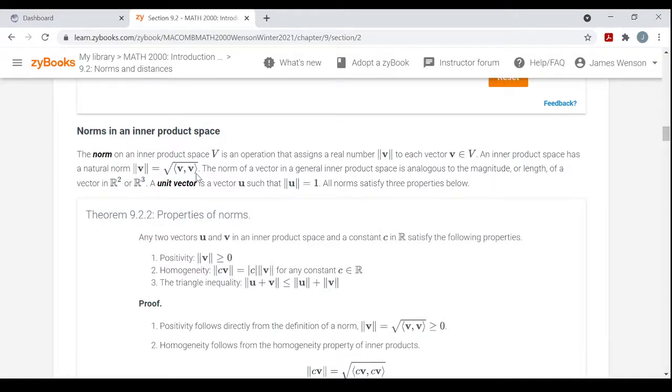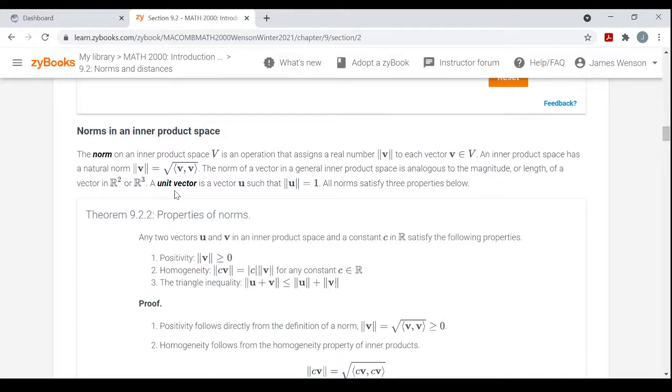All right. So the norm of a vector is defined here to be the square root of the inner product of the vector with itself. Keep that in mind. All right. The norm of a vector in a general inner product space is analogous, similar to the magnitude or the length of a vector in R2 or R3, Euclidean space, as I've mentioned.